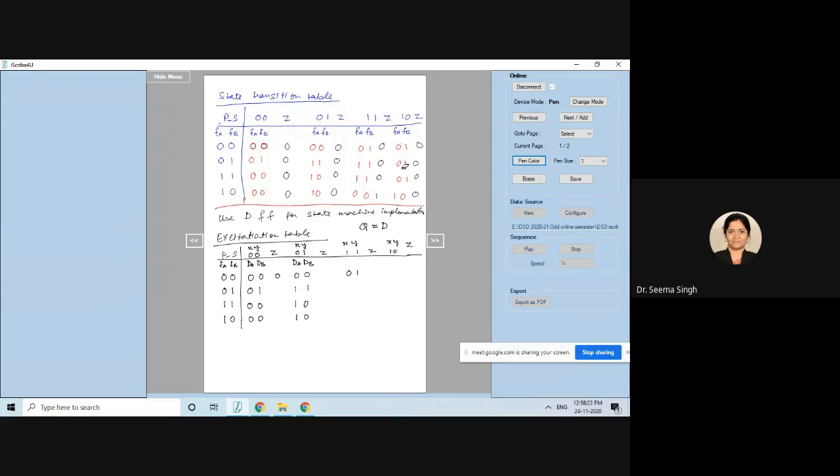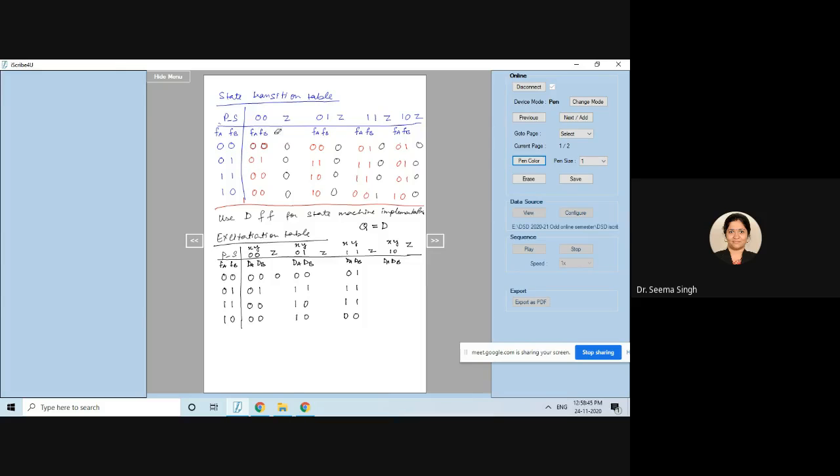In D flip-flop, I am simply copying the output FA, FB, or we can say QA, QB, same as D. But how will the change happen for other flip-flops?